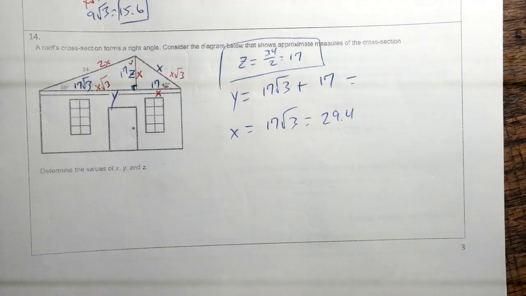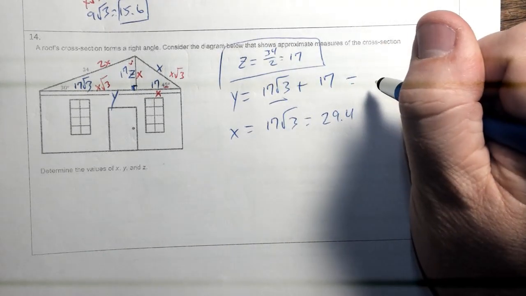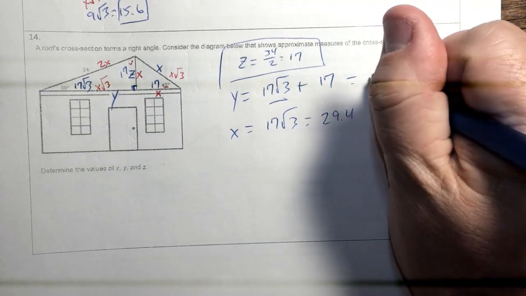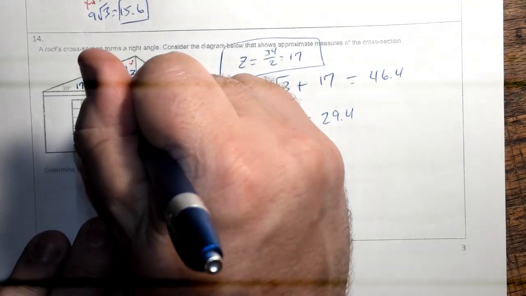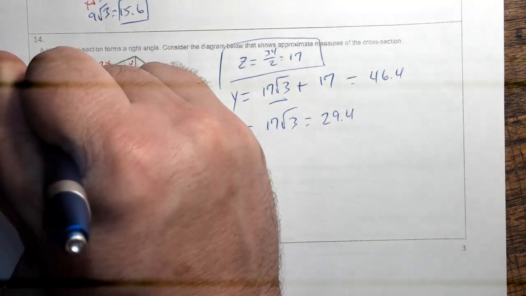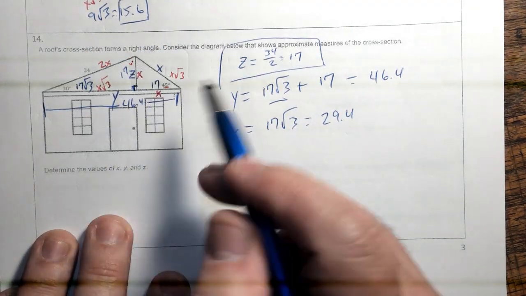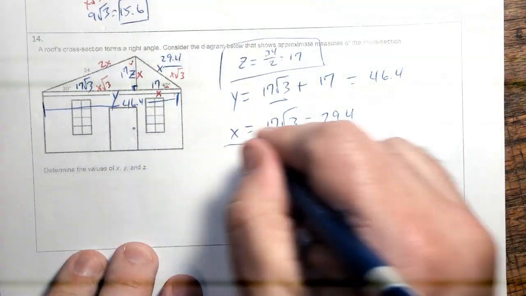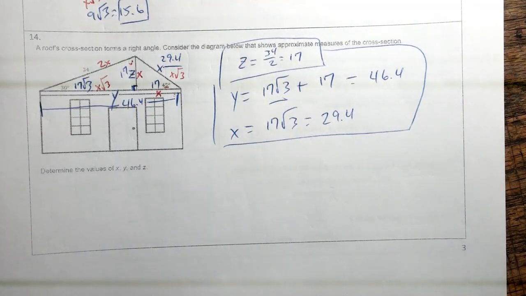So 29.4 plus 17, because that's this, is 46.4. So y, the whole length of the roof, is 46.4 from here to here. And then this side is 29.4. So we got x, y, and z.